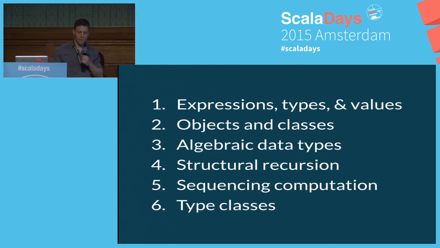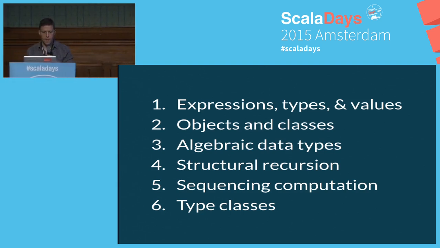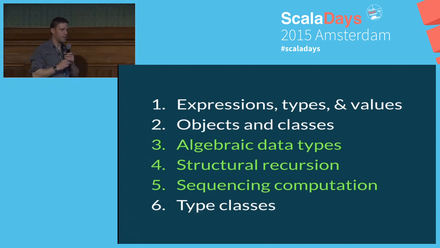And we decided that after some thought, there are really six things you need to be a proficient Scala programmer. I list them here. We have expressions, types and values, objects and classes, algebraic data types, structural recursion, sequencing computation, and type classes. And I'm going to be talking about these three mostly today.